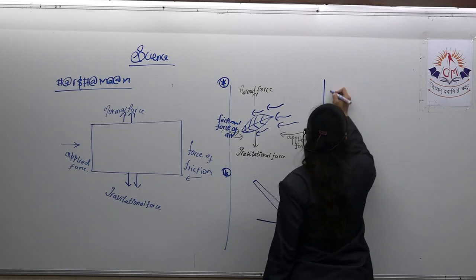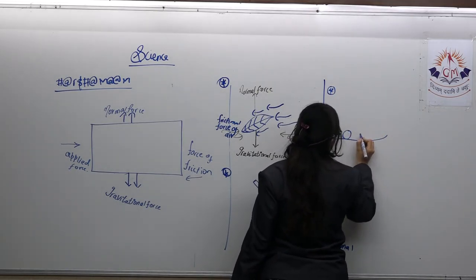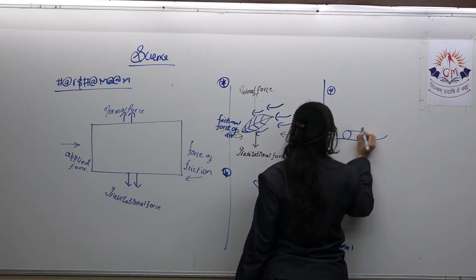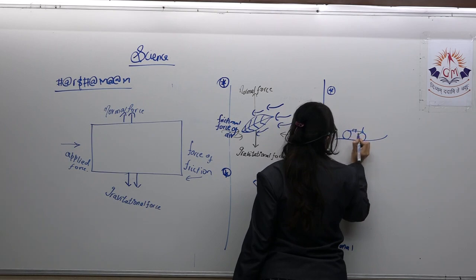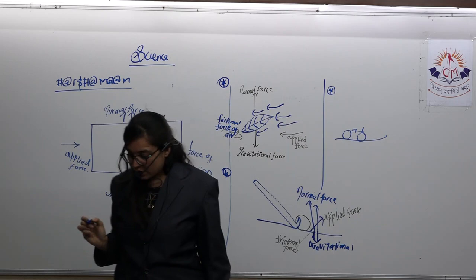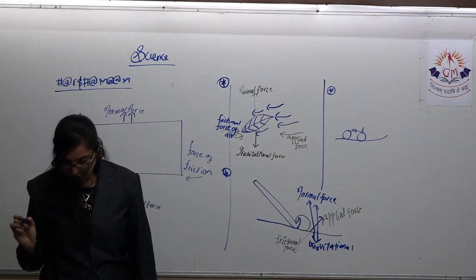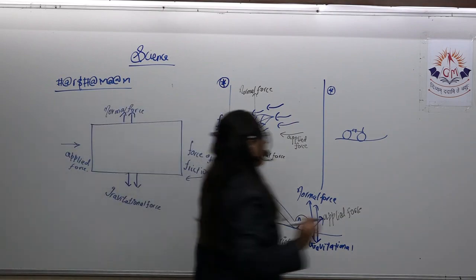The third case: a person is moving on the cycle. Where is the cycle going now? Force of wind is pushing against a cyclist who is cycling eastward.